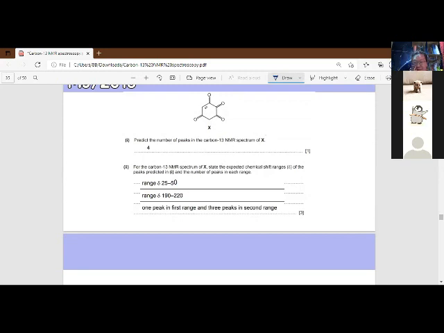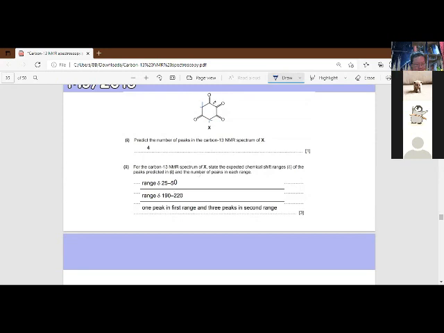And next, the carbon which is bonded to hydrogen is alkyl. So the chemical shift range is around 0 to 50, or 20 to 50. They want the number of peaks in each range.